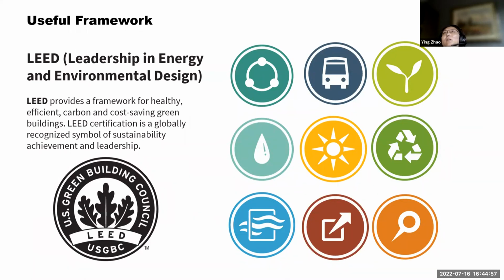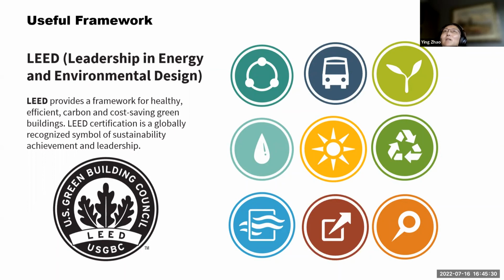They have a lot of credits. Each credit covers some aspect of the area. So it's a pretty well developed and full spectrum framework to consider. You can look at that to see if some strategies might be useful and how to evaluate the performance. So that's a very good framework to use to guide your design.